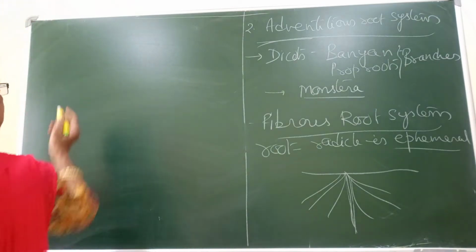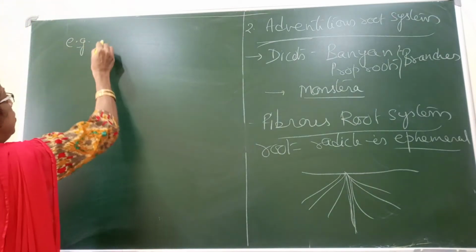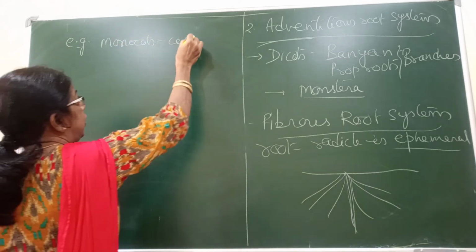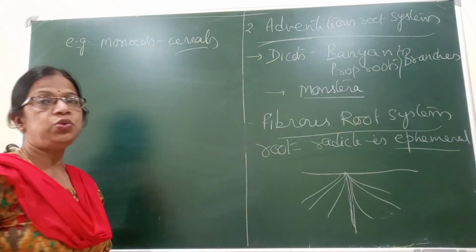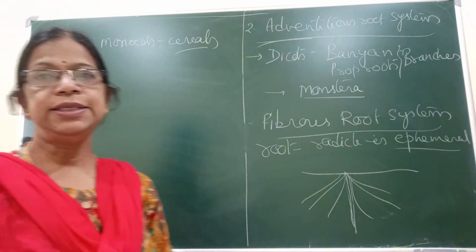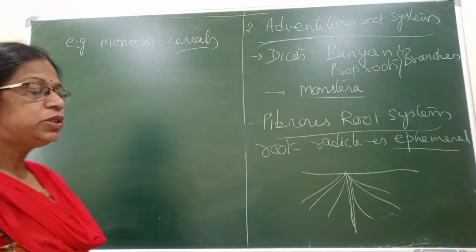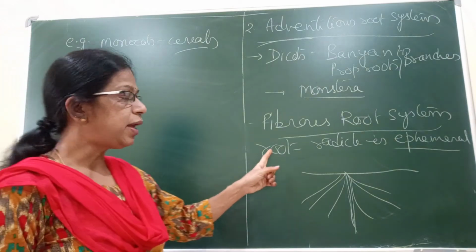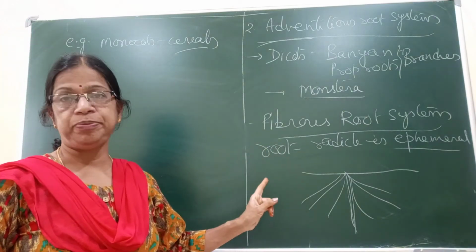Monocots like all cereals, like rice, wheat, maize, all the cereals in monocots have fibrous root system. So we can say fibrous root system is a type of adventitious root system.